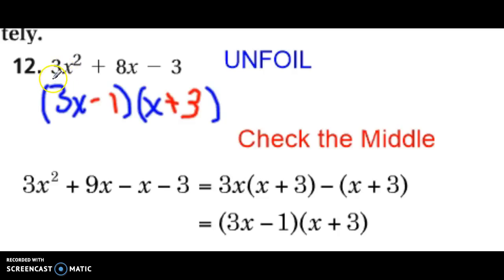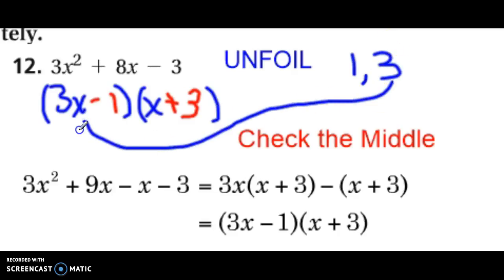Problem number 12, I'm going to factor 3x squared. It only could be 3x and x. It's the only way to get 3x squared. Now I want to factor -3. So the factors are 1 and 3. This 3 cannot go in the first binomial because then I have a greatest common factor.